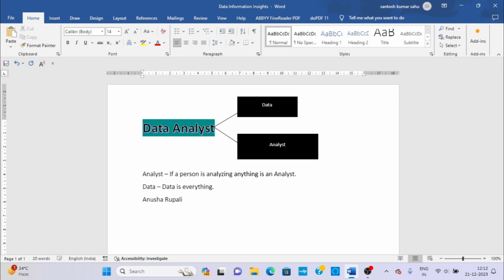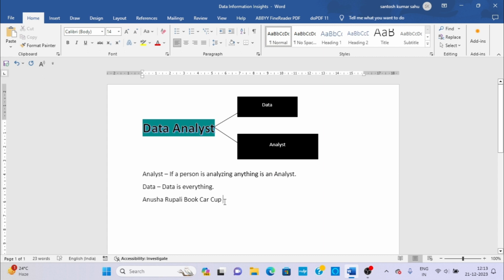Suppose I write book, car, and any object name like cup. You see, each and everything is data. Anusa is one data, Rupali is also data, book is data, car is data, cup is data.